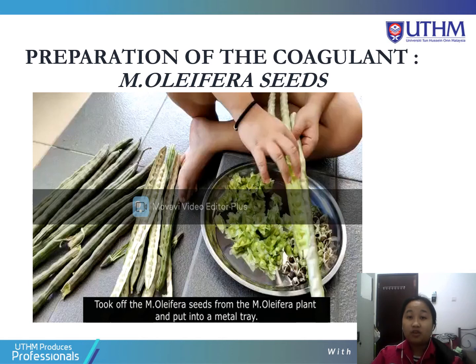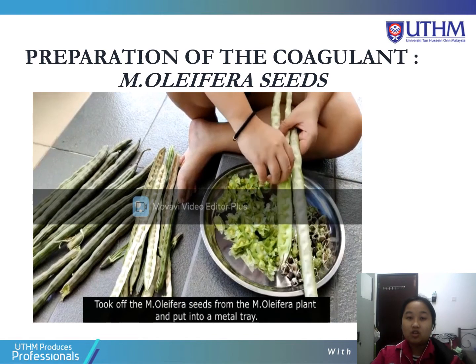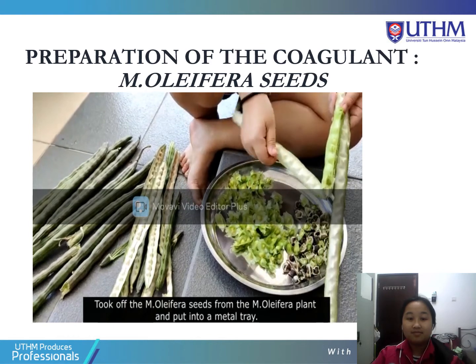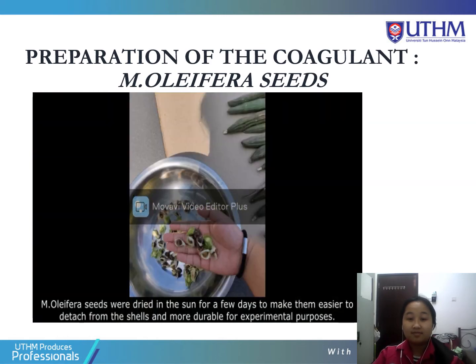For preparation of the Moringa oleifera seed coagulant, I have prepared a short and quick video. Take the Moringa oleifera seeds off the Moringa oleifera plant and put them into a metal tray. The seeds were dried in the sun for a few days to make them easier to detach from the shells and more durable for experimental purposes.